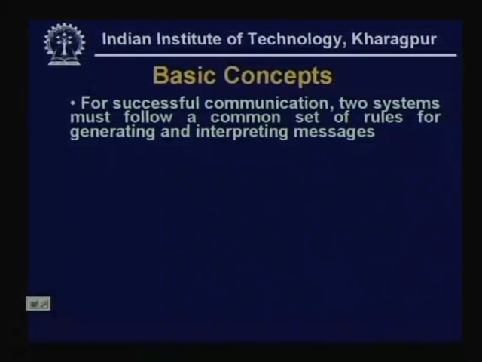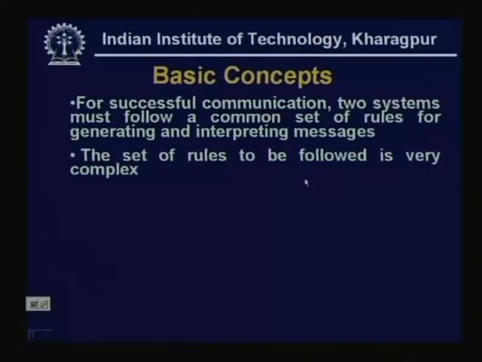As a result, the data that we shall try to send will pass through the unreliable medium. So, the user wants to perform reliable communication through the unreliable, error-prone medium. And to do that, it must follow a common set of rules for generating data. And at the other end, the receiver must follow the same common set of rules for interpreting the messages.